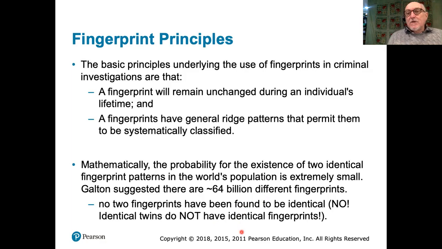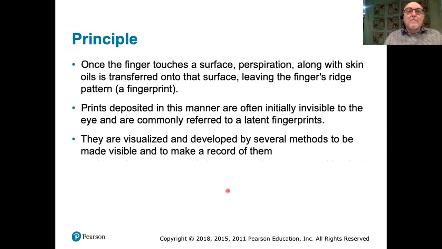Galton actually attempted to put a figure on this, but how accurate this is, nobody would know. But he suggested that there are 64 billion different fingerprints. And as I told you, our current population, I think, is 4.5 billion human beings. Probably about 5 billion human beings have ever lived, whatever. The chances that two fingerprints would repeat are extremely, extremely remote. And we assume that it simply can't happen that two people have the same fingerprint.